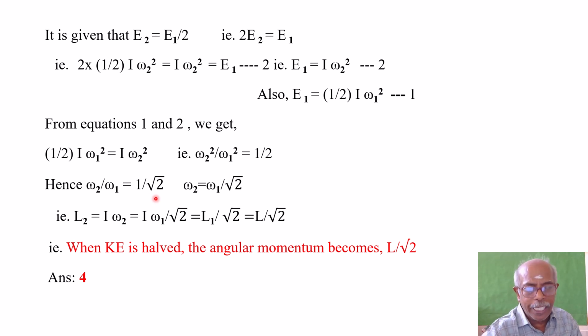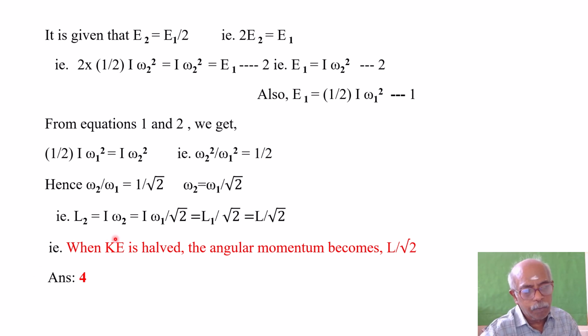So also you can write omega 2 is equal to omega 1 divided by root 2. Now we have found the value of omega 2, but our aim is to find the value of L2. What is L2?